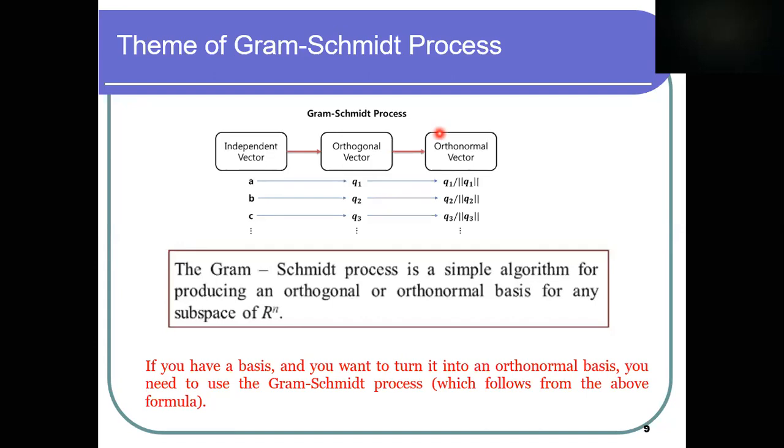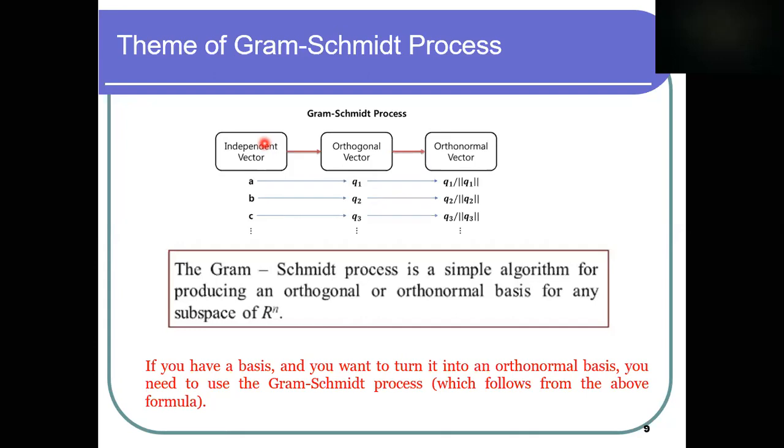If you have independent vectors, say A, B, C, and you apply the Gram-Schmidt procedure to any linearly independent set of vectors, it converts your independent set into orthogonal as well as orthonormal vectors. This is basically the idea of the Gram-Schmidt procedure.